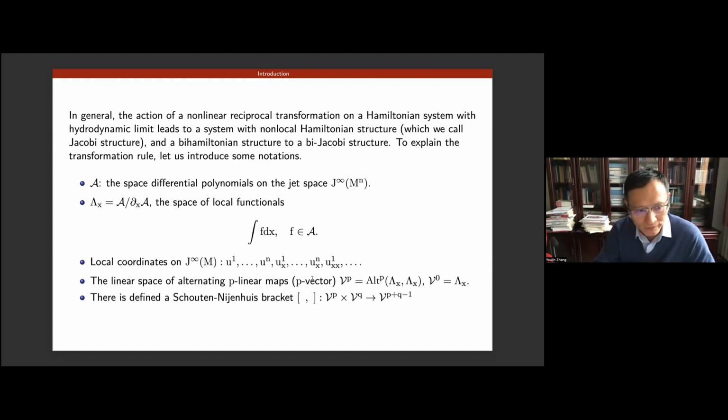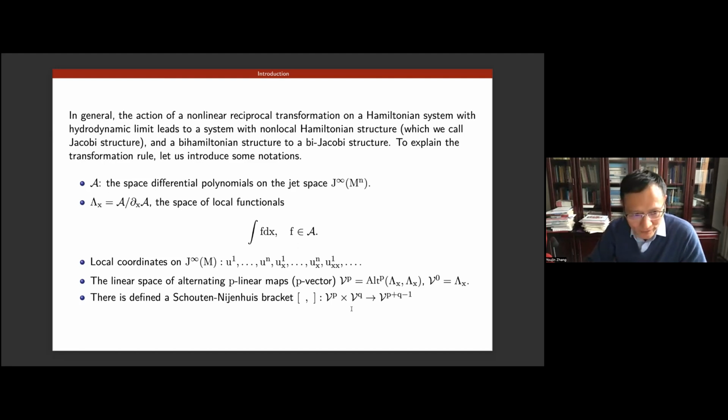They're called jet coordinates. And then on this space of local functionals, we can define multilinear maps, and we denote this space by V^p. And on this space of multivector fields, we can define a Schouten-Nijenhuis bracket.